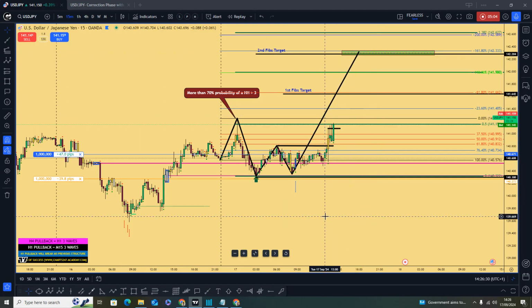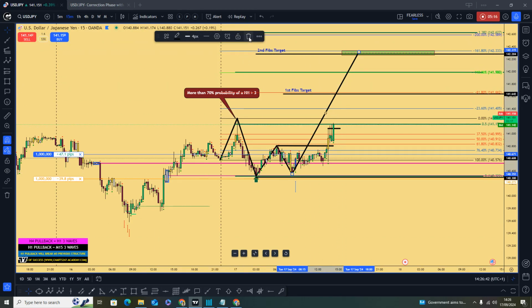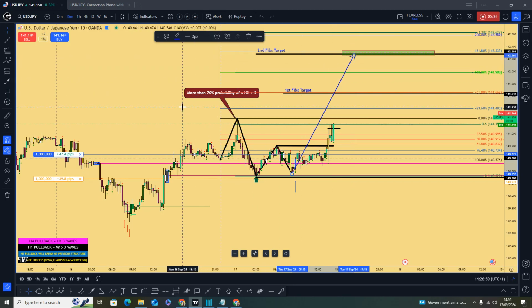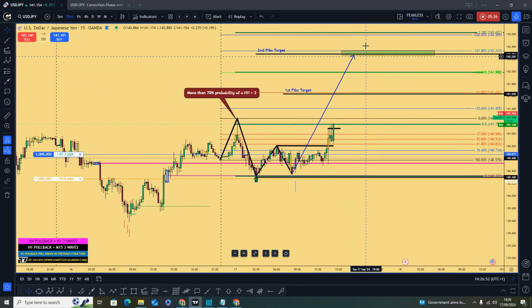Okay, that is the expected level, or the expectation. Let me use the arrow so that I can post this as an update. Okay, we may go slightly beyond that, but that is the target based on this setup here.